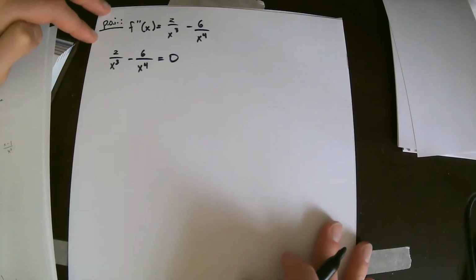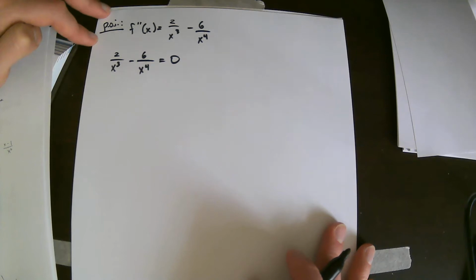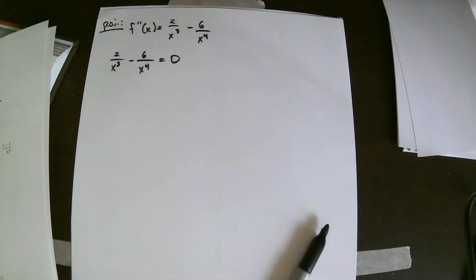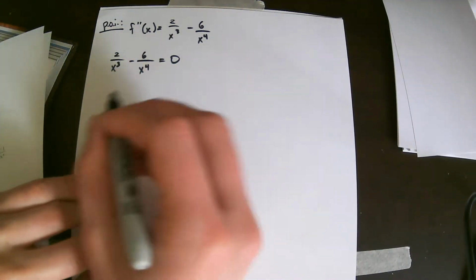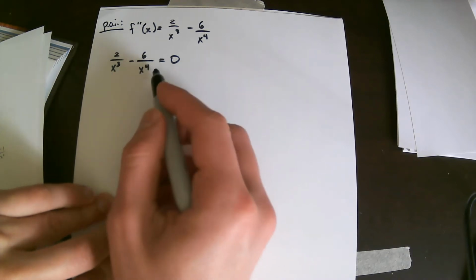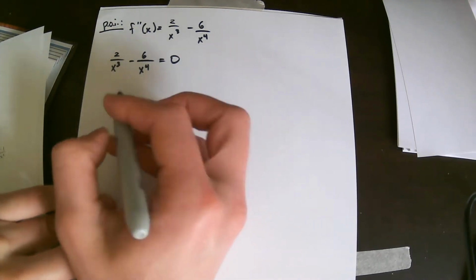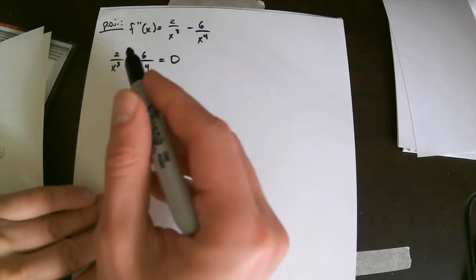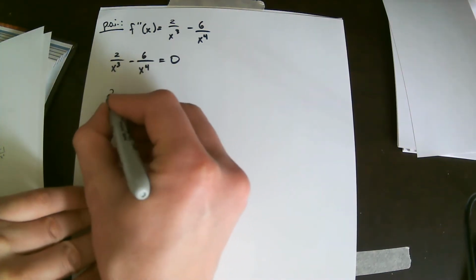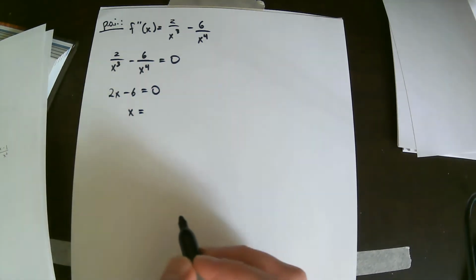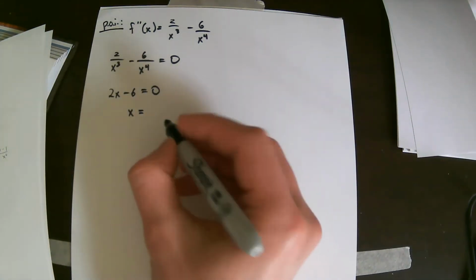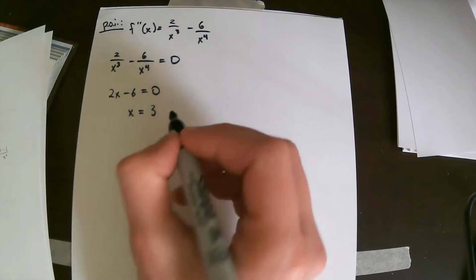Okay, so similar technique for solving this. Multiply by x to the 4th on both sides. So that means here, here, and here. So this is going to turn into 2x minus 6 equals 0, which is just going to yield x equals 3.